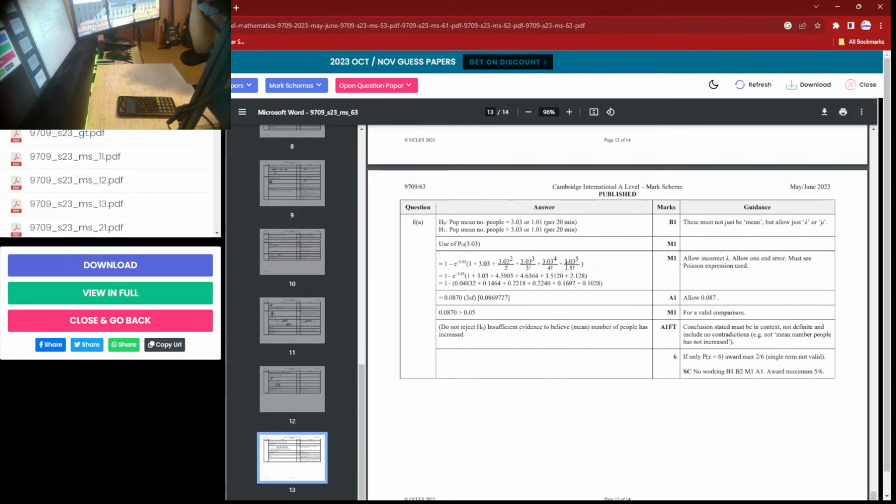Since the test value is 6, it has to be more than or equal to 6, so we would use 1 minus.